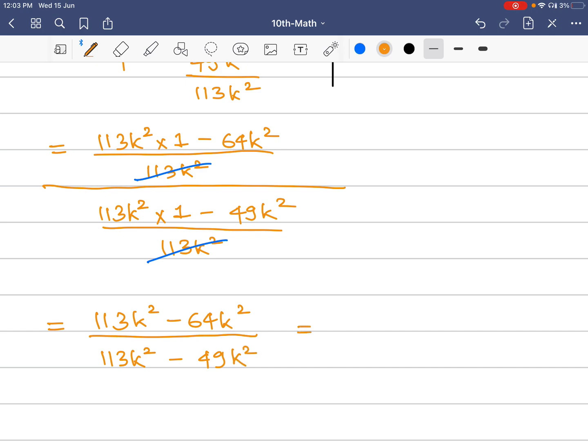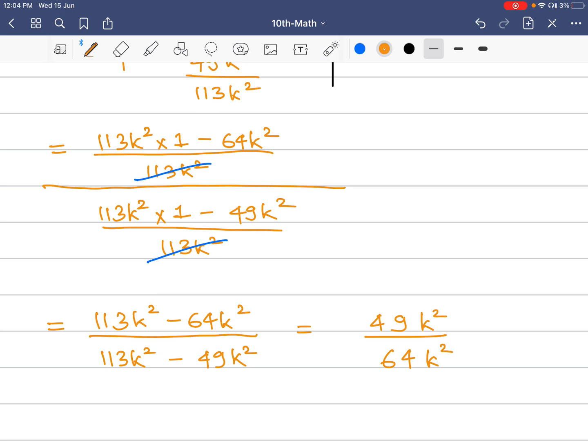Let's do the subtraction. 113 minus 64: 13 minus 4 is 9, and 11 minus 7 is 4. That's going to be 49k square, the whole divided by 113 minus 49: 13 minus 9 is 4, and 11 minus 5 is 6. So it is equal to 64k square.